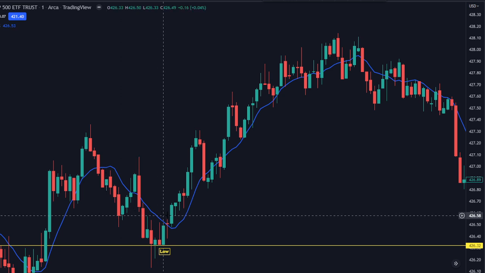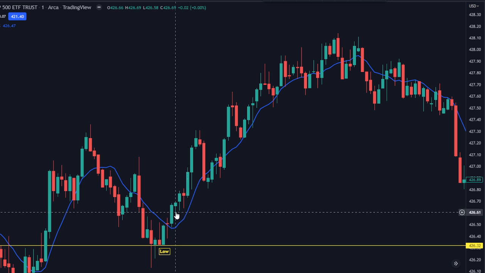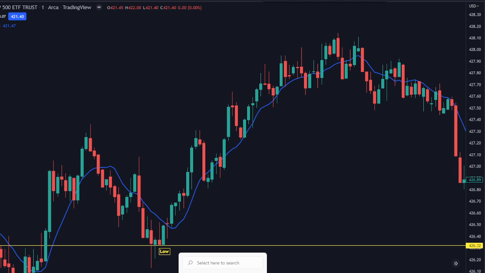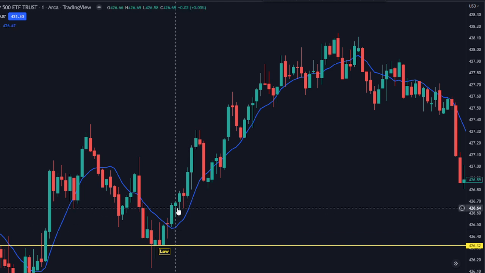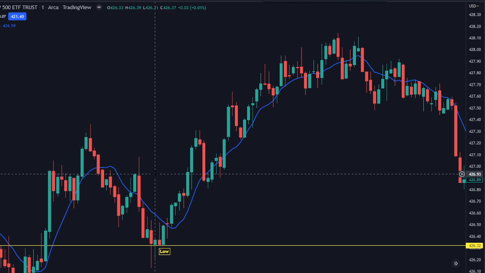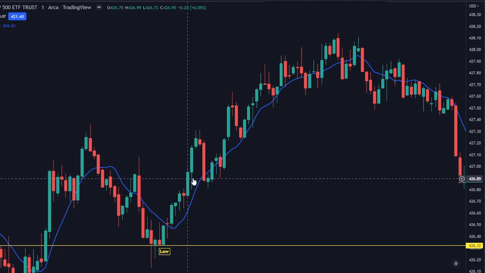Support becomes resistance, so I expected it, in this case, to probably swing down and continue down. But it didn't. So we continued up. What's our next target? Let's see if it double tops and comes back down. It didn't. So now we're looking for a higher high, which we got right here.